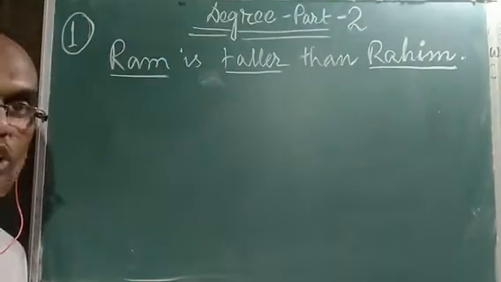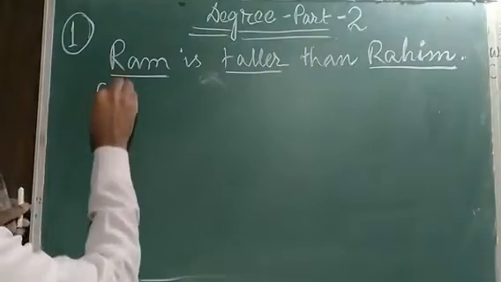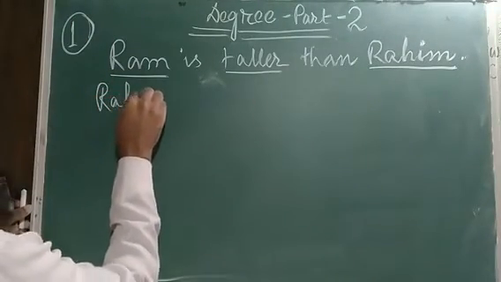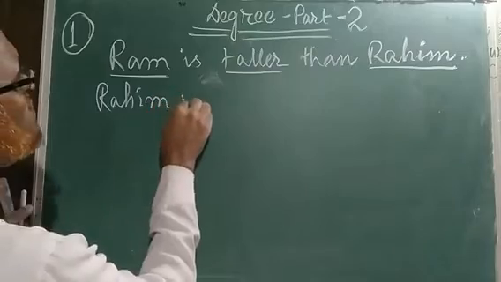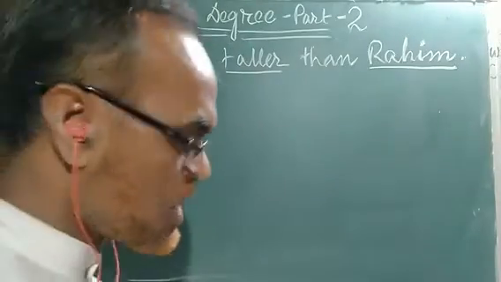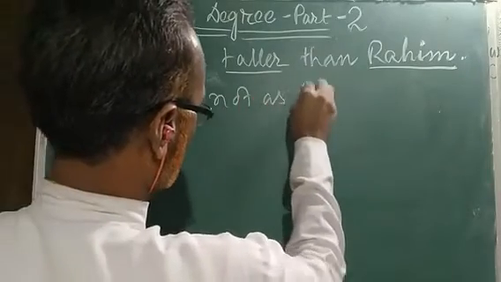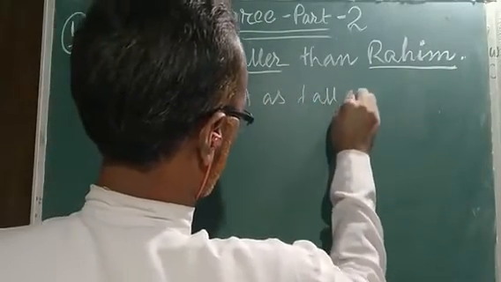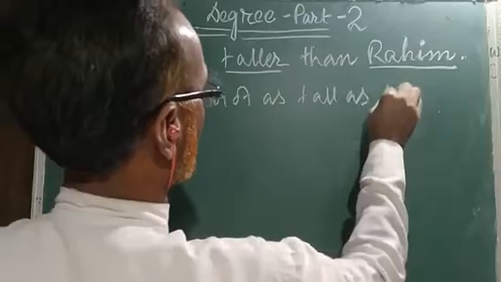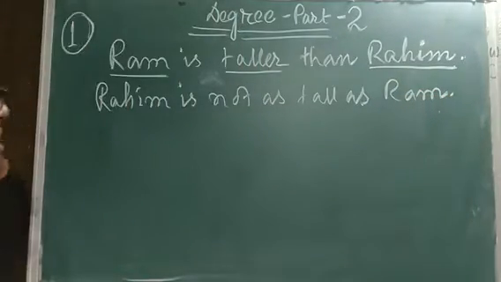I am going to write it in positive degree. Then Rohim is not as tall as Ram. What does it mean? Rohim is not as tall as Ram.